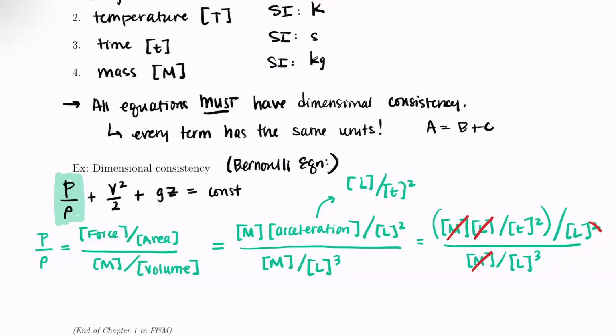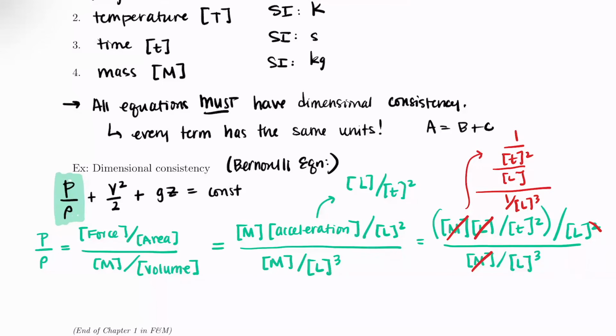And then, at this stage, I'm going to rewrite this again. Okay, so I have in the numerator 1 over t squared divided by L divided by 1 over L cubed. Okay, so this is a little bit of a mess, right?